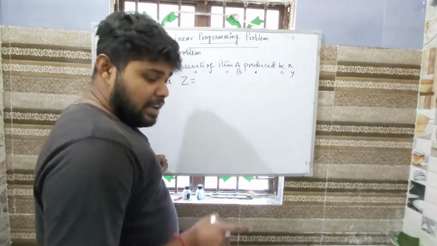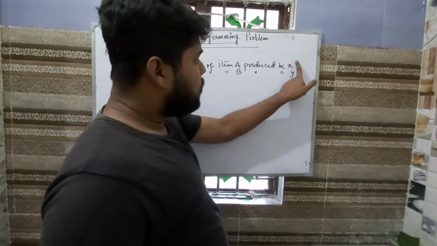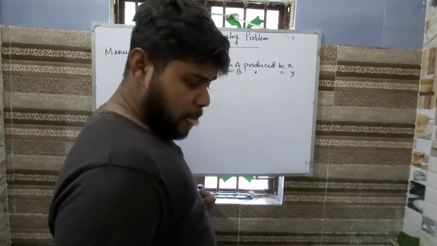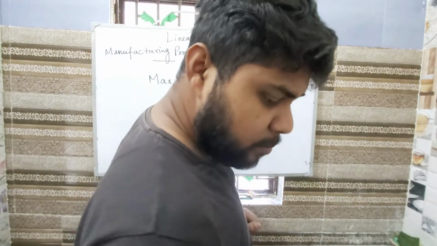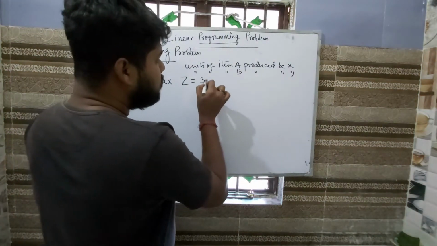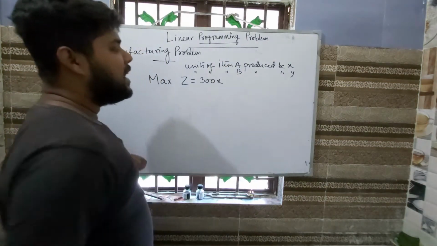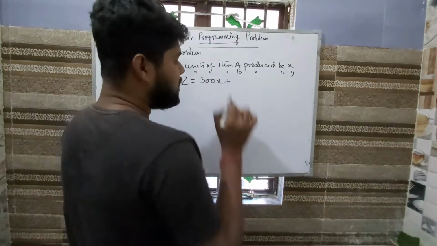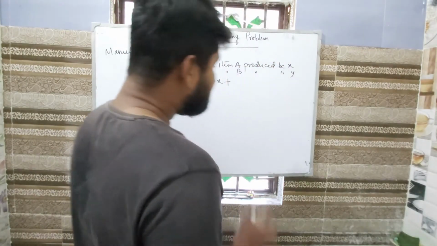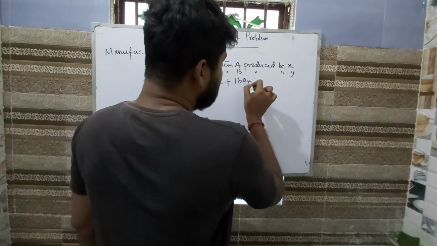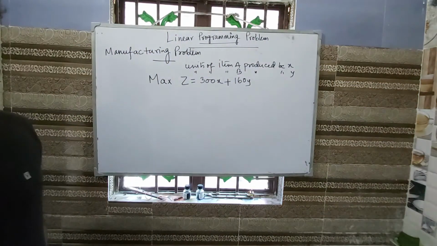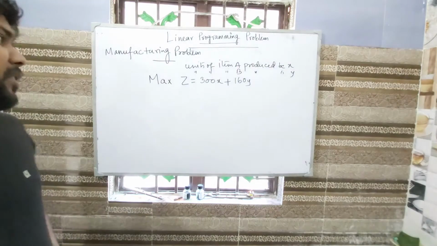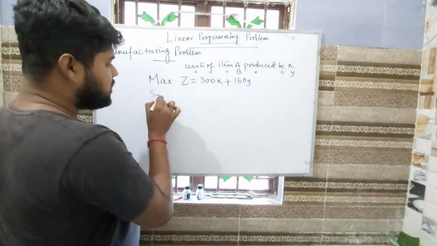If I am producing X number of item A, for each the profit is 300. So on X number of item A, the profit will be 300X plus 160Y, where 160 is for item B.